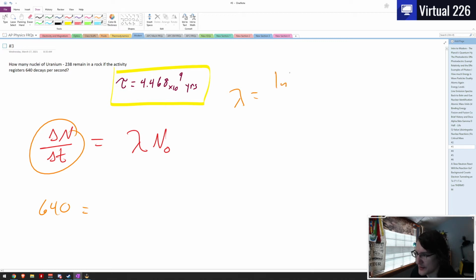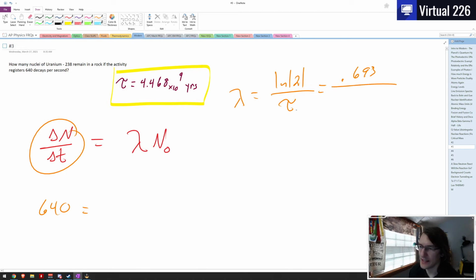Lambda is equal to the natural log of 2 over tau. So if we do this for the natural log of 2 over tau, for our half-life here, what we will find is, so natural log of 2 is 0.693. I know some of you just call that 0.7, rule of 7.